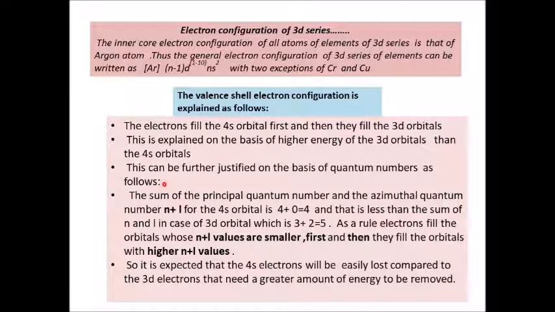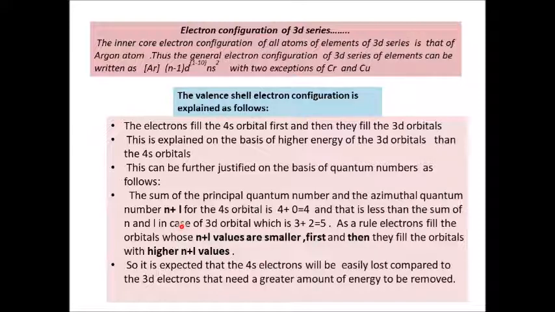No, we have not measured it, but based on mathematical calculations we see that the sum of the principal quantum number and the azimuthal quantum number, that is n plus l, for the 4s level is 4 plus 0, 4, and for the 3d orbital it is 3 plus 2, 5, where n is equal to 3 for the 3d level, and since we have the d subshell, l equals 2.